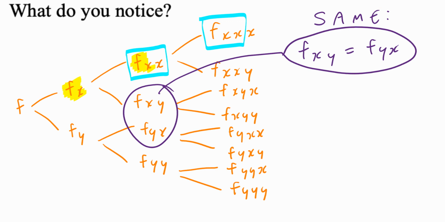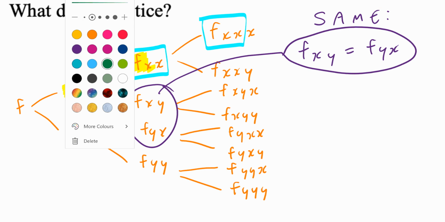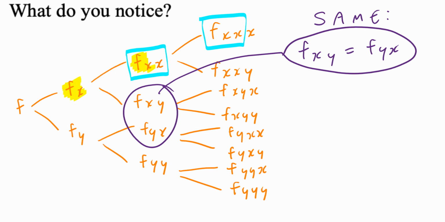Now in a different color. Again, I'm telling you fxyy equals fyxy, which equals fyyx.